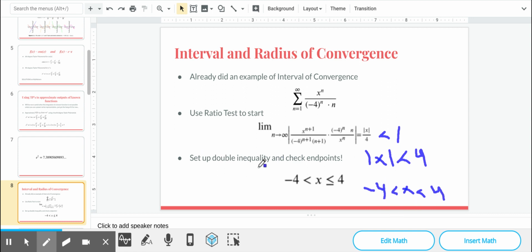And then the very last thing we did was we checked our endpoints. How do we check our endpoints? Again, if you're confused by that or not sure about that, I highly recommend that you go back to your notes and check out that process. But basically what we did was we took -4 and plugged it in for x into the original series. Once I get rid of the x, it's no longer a power series, just an infinite series.